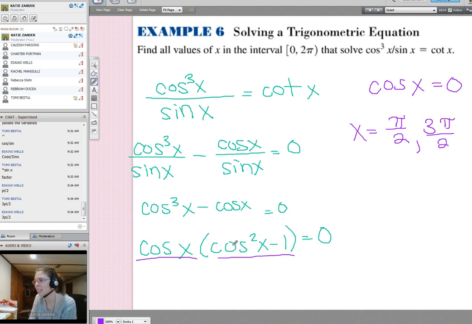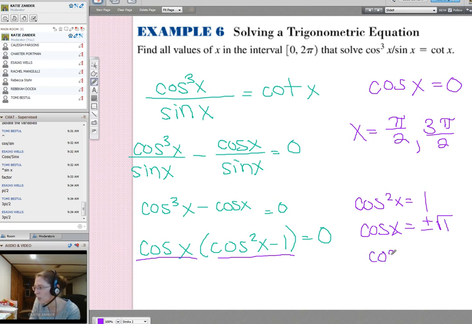All right, the next thing is we're going to do cosine squared x minus 1 equals 0. So let's go ahead and work backwards on that. It looks like we add 1 to both sides and take the square root. And that'll be plus or minus the square root of 1, which is just plus or minus 1.